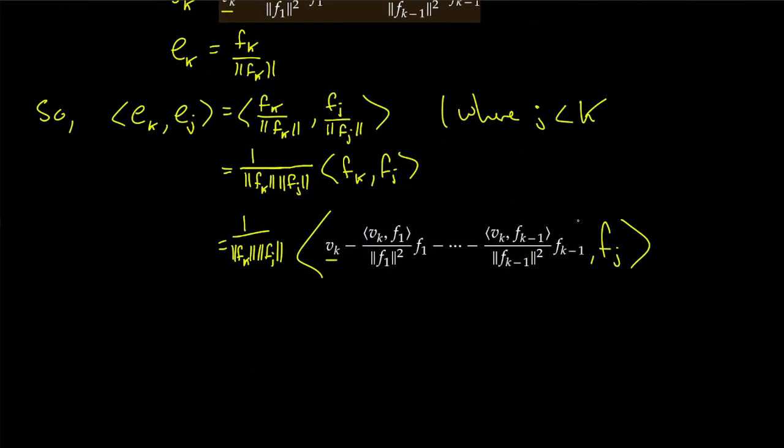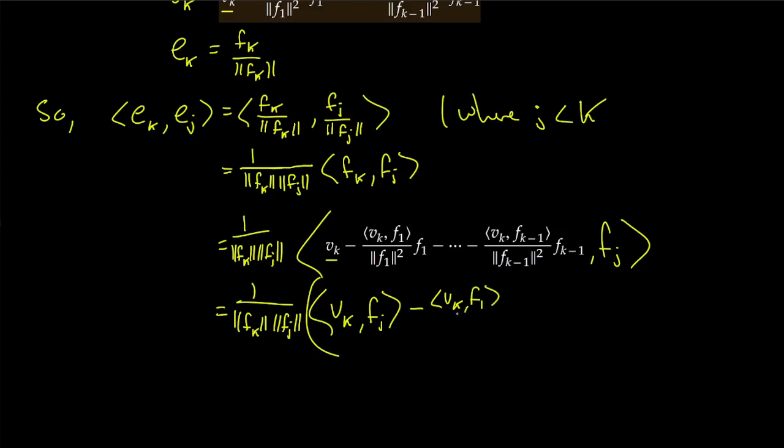And then I have an FJ, where here J is less than K. So just expand it out. I still have my 1 over norm FK, norm FJ, and then I just break this apart. VK, FJ, and I'm going to put a big parenthesis here so I don't have to keep rewriting that piece, minus, and I'll pull this part out front, VK, F1, inner product over norm F1 squared, inner product F1, FJ, minus dot, dot, dot, all the way down to minus.